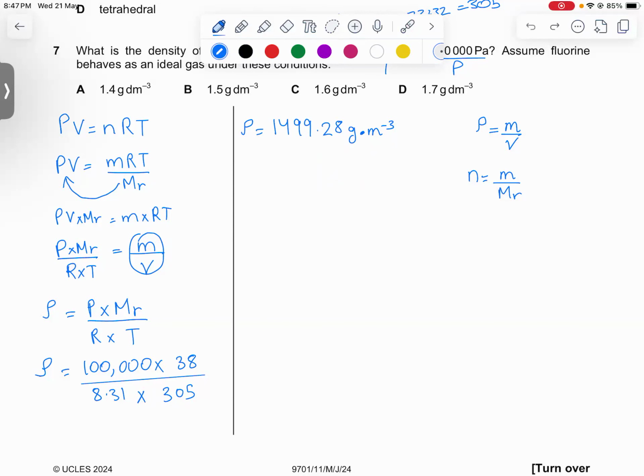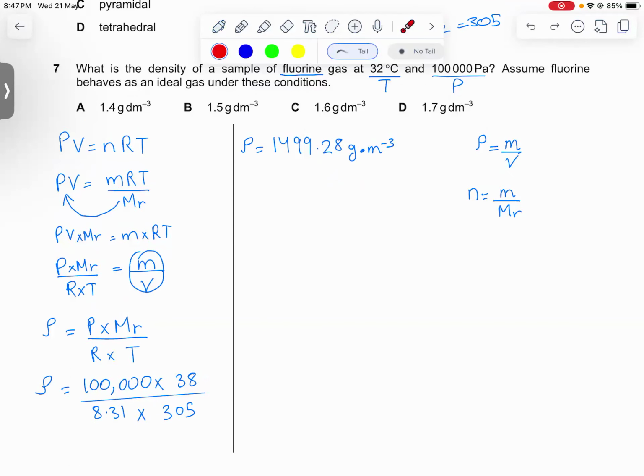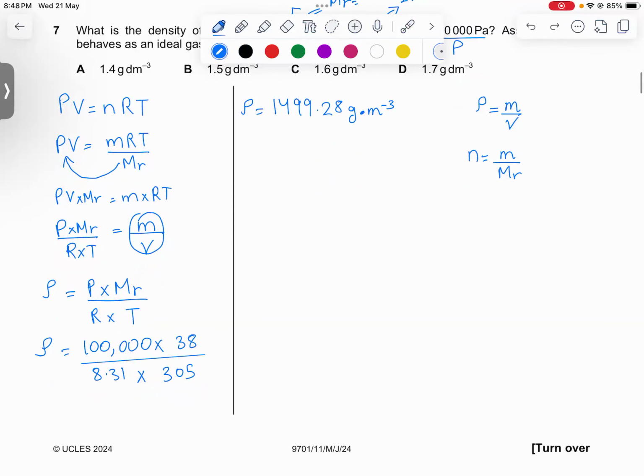If we want to change meter cube into decimeter cube, basically this means that in one meter cube there is 1499.28 grams of F2, right? 1000 meter cube basically means 1000 dm cube.